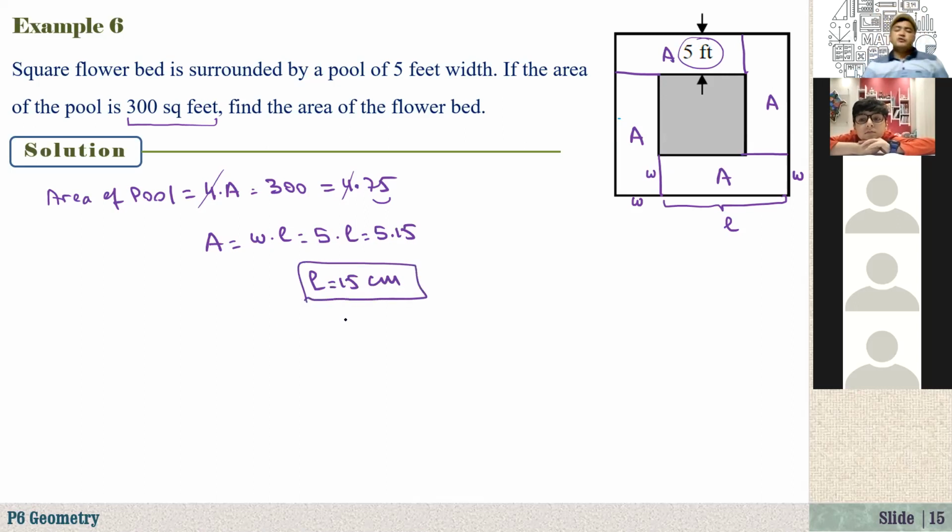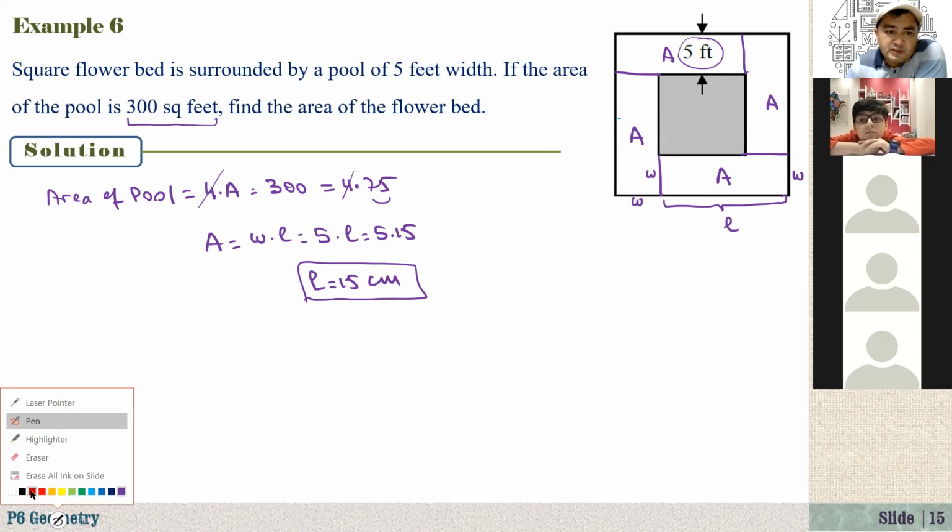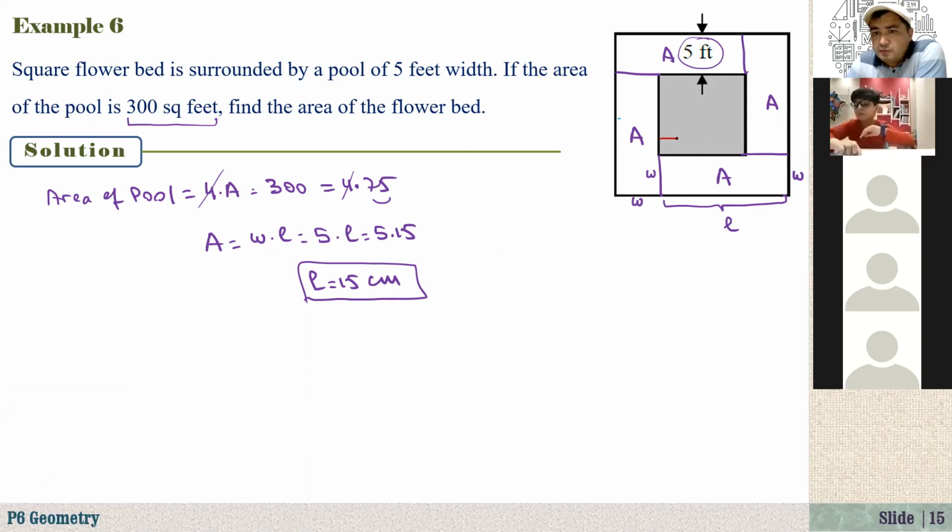Now to find the area of the flower bed, I need to know one side of the square. Since the length is equal to 15, what is the remaining part here? Let me use the red. This should be 15 minus 5, which is 10 centimeters, because until here it is 15, and if you cut off this 5 feet, it is 10.